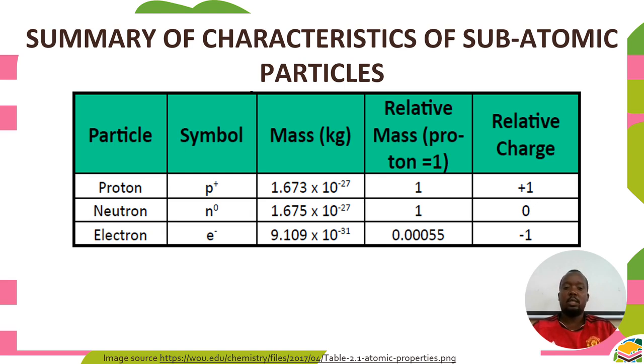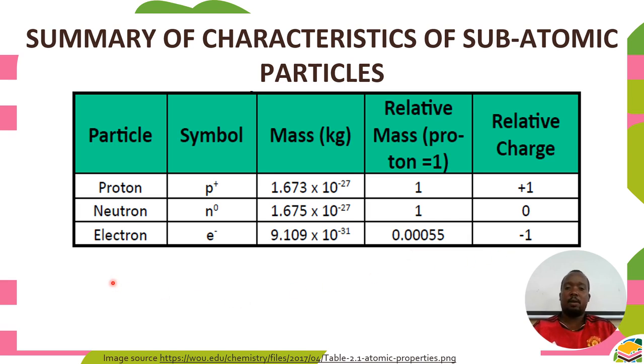For a neutron, it is N with a 0 on top. Remember, because the neutrons have a 0 charge, they're neutral. The mass of a neutron is 1.675 times 10 to the power minus 27 kilograms, and its relative mass is 1, while the relative charge is 0.